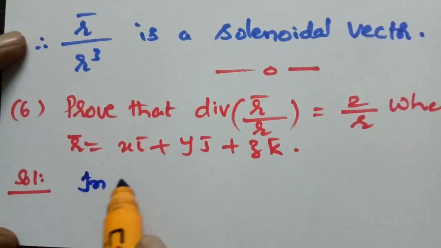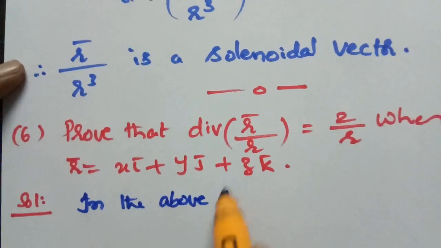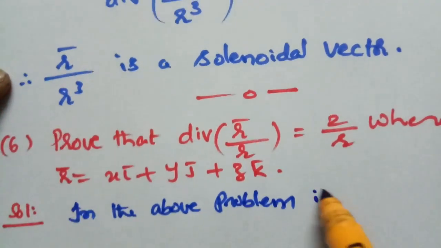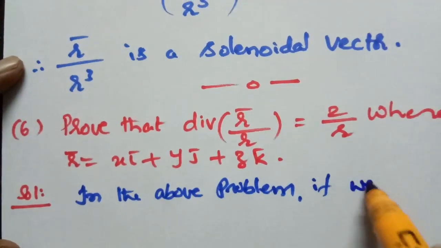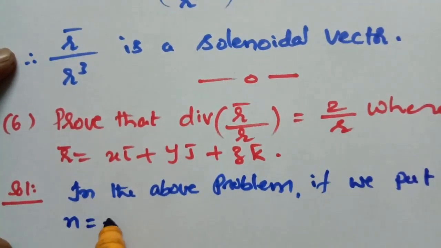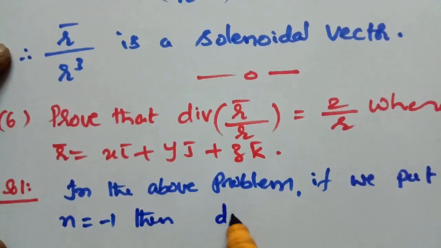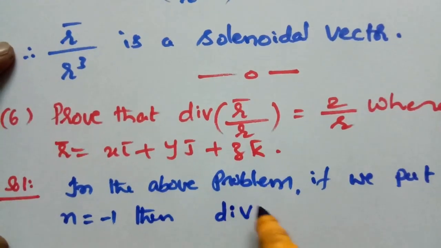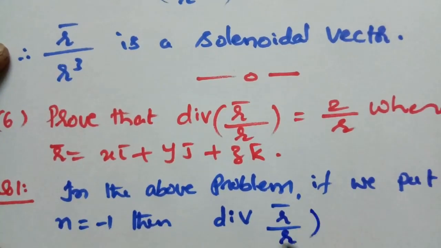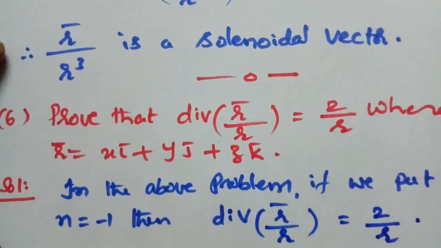In the above problem, if we put n is equal to minus 1, then divergence of r bar by r is equal to 2 by r.